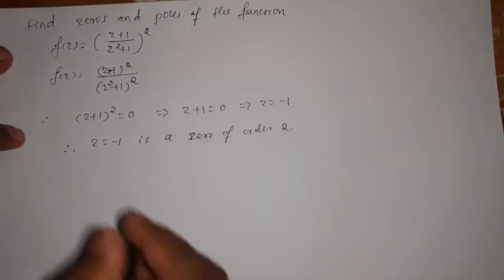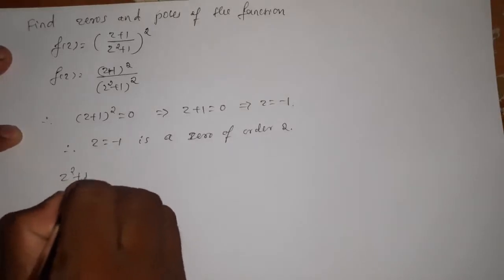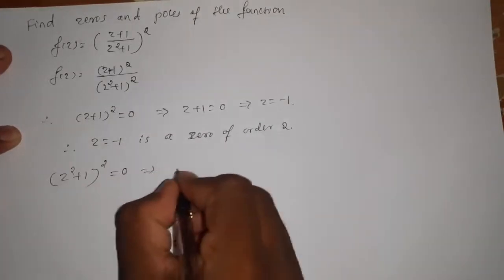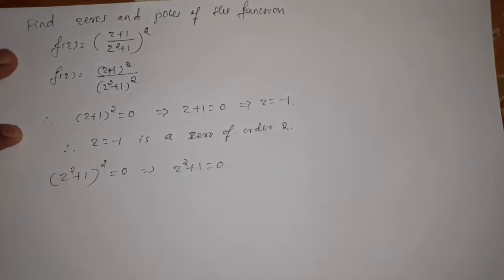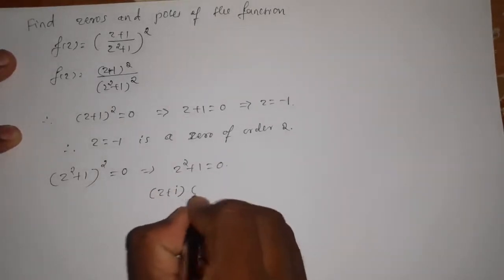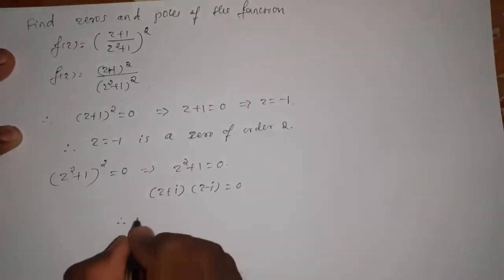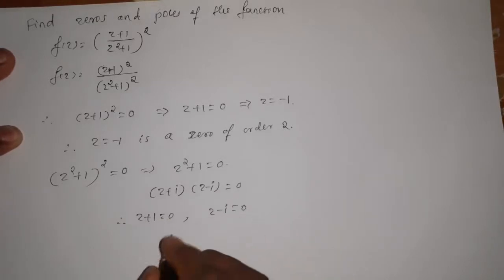And next, to find the poles, we need to equate (z square plus 1) whole square to 0. It implies z square plus 1 equal to 0. And we know that z square plus 1 can be written as (z plus i) into (z minus i) equal to 0. So therefore z plus i equal to 0 and z minus i equal to 0.